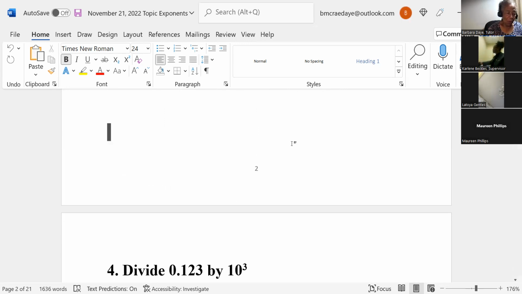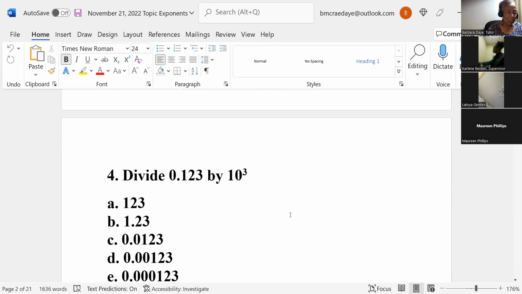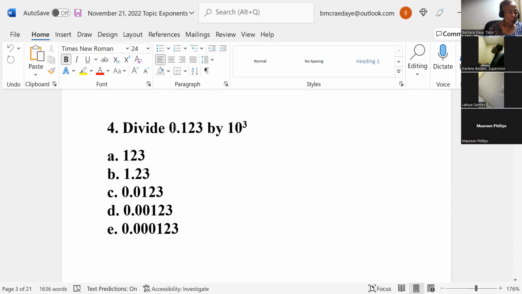Okay, now let's go to number 4. Divide 0.123 by 10 to the third. What is this number equal to as an exponent, Maureen? I get E. Okay, you said you get E, right?